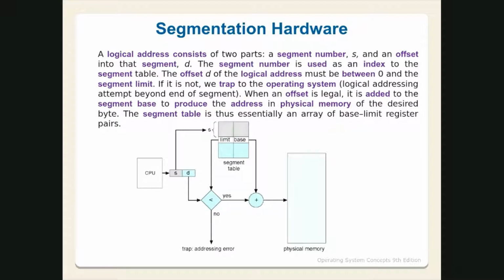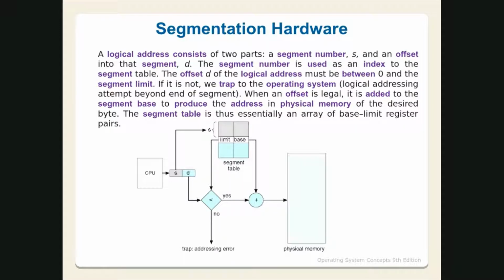Let's say this is the segmentation hardware. This diagram tells you how we are going to access a particular location in a segment. Remember that in the last chapter we said logical address and physical address. The address generated by the CPU is called the logical address.